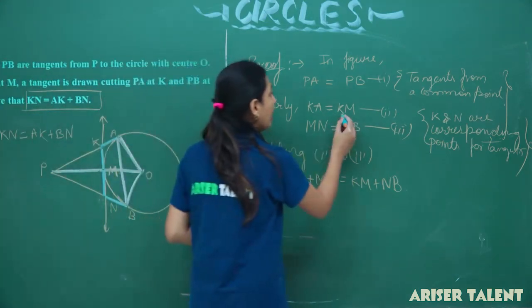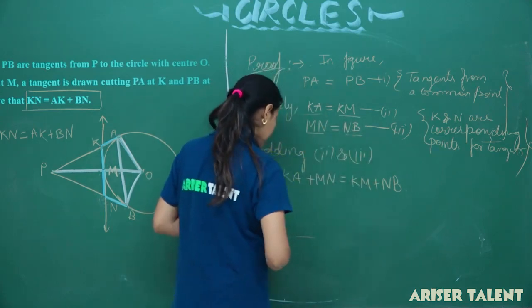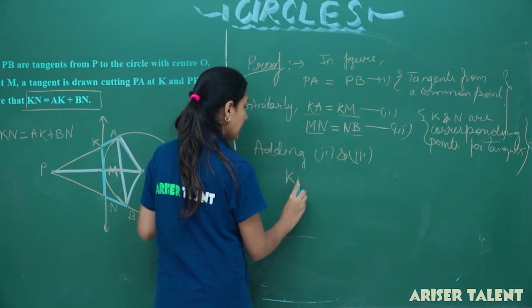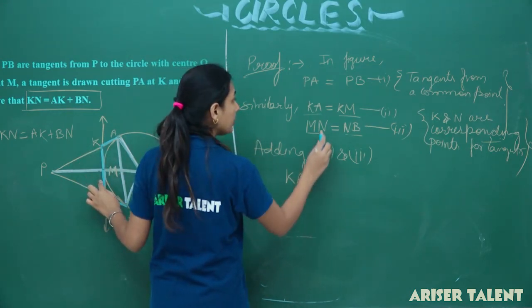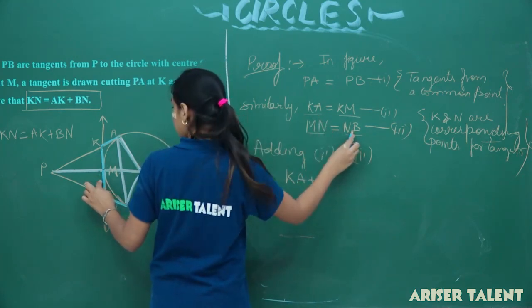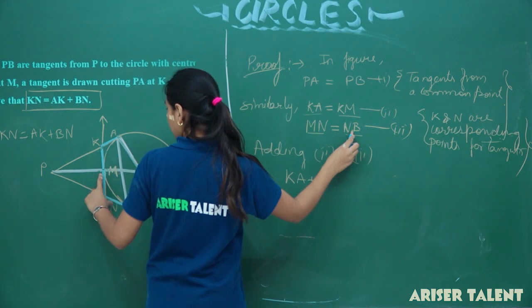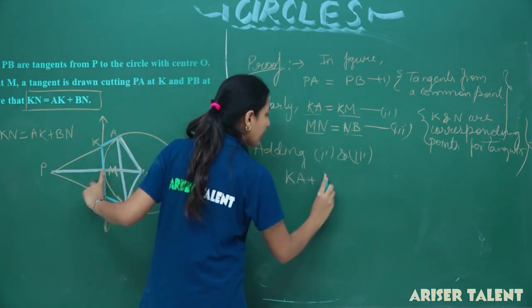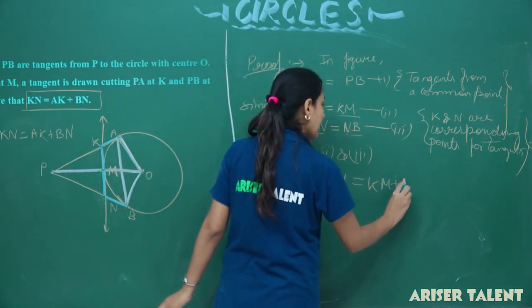So, I am having this and this side in addition and this side is addition, okay. So, can I write this as Ka plus Nb, and I want Mn, so Ka plus Mn, right, equals to Km plus Nb.